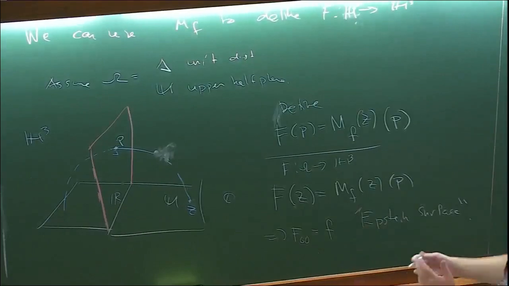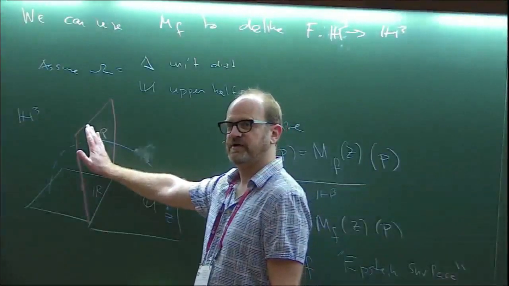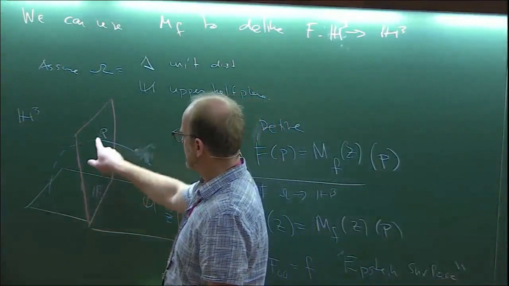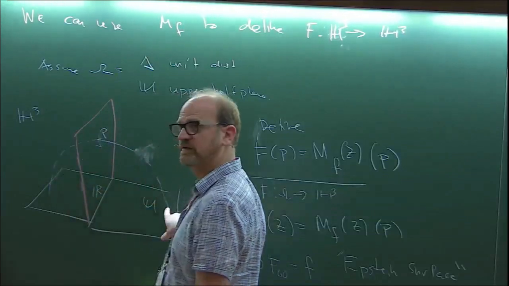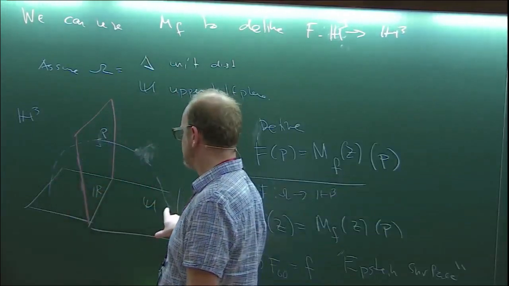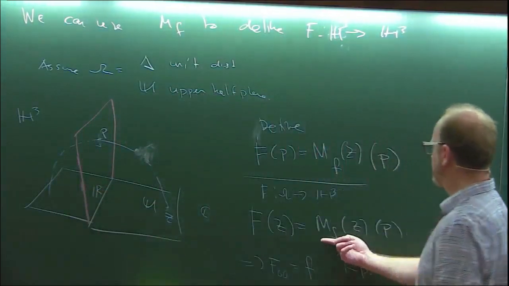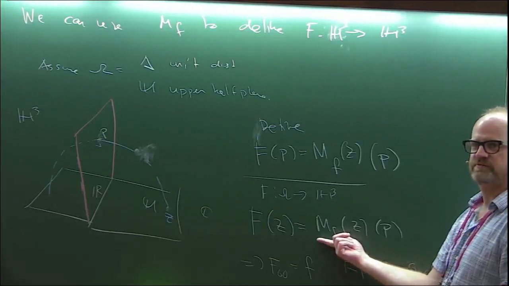Okay. So I fix this plane sitting inside of hyperbolic 3-space, and for any point on the plane, I have this unique geodesic that's orthogonal to the plane. And that geodesic will hit the upper half plane at some point z. So now I plug z into my osculating Mobius transformation.